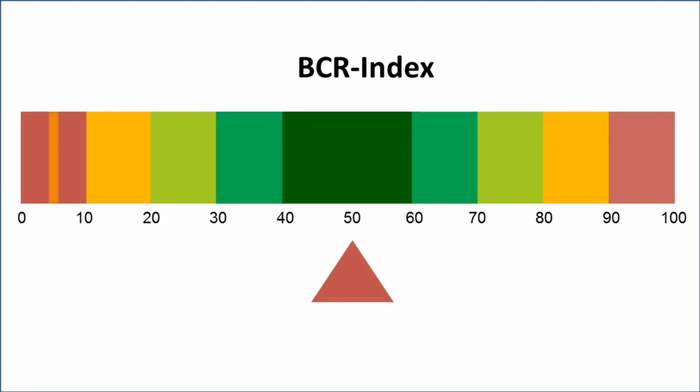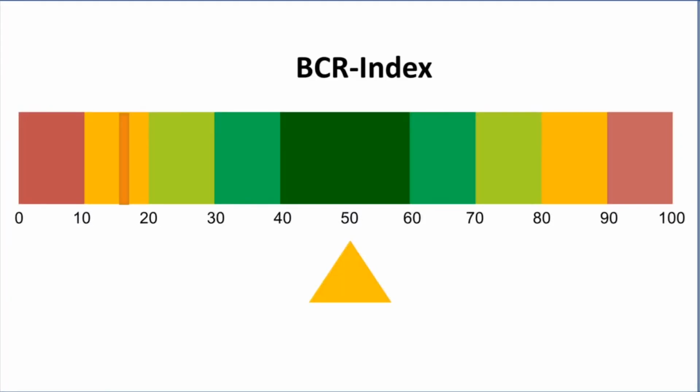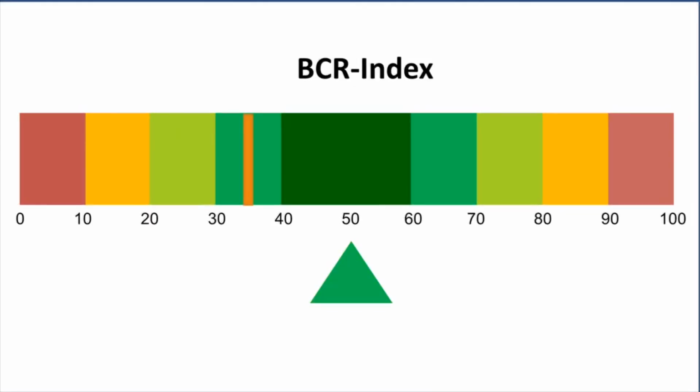As you progress in your treatments, the color changes, and you have a target. Your target is to treat until the triangle has the color of the green in the middle. Okay, this is the target.